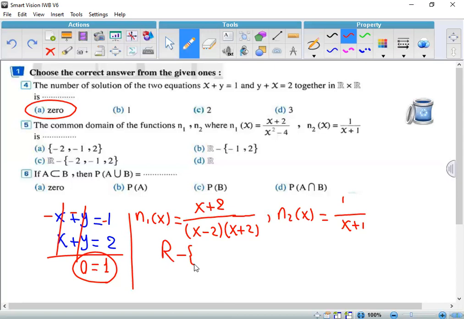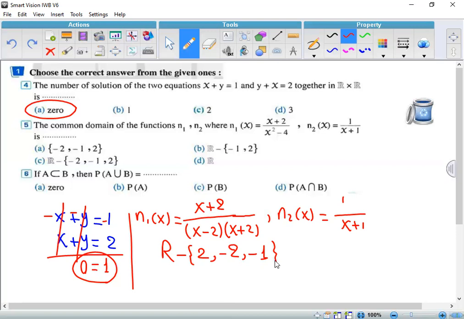Difference. Difference what? This is 2, negative 2, negative 1. That's right. We can say A. He did not say R difference.